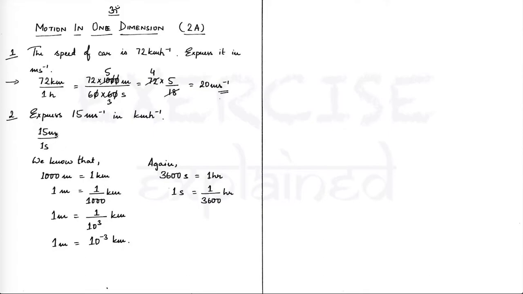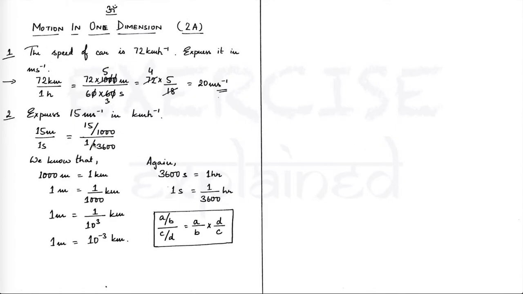So I would be substituting 15 meter as 15 by 1000 kilometer from here, and 1 second I would be substituting it as 1 by 3600 hours. So we get 15 meters written as 15 by 1000 kilometer, and 1 second written as 1 by 3600 hours.